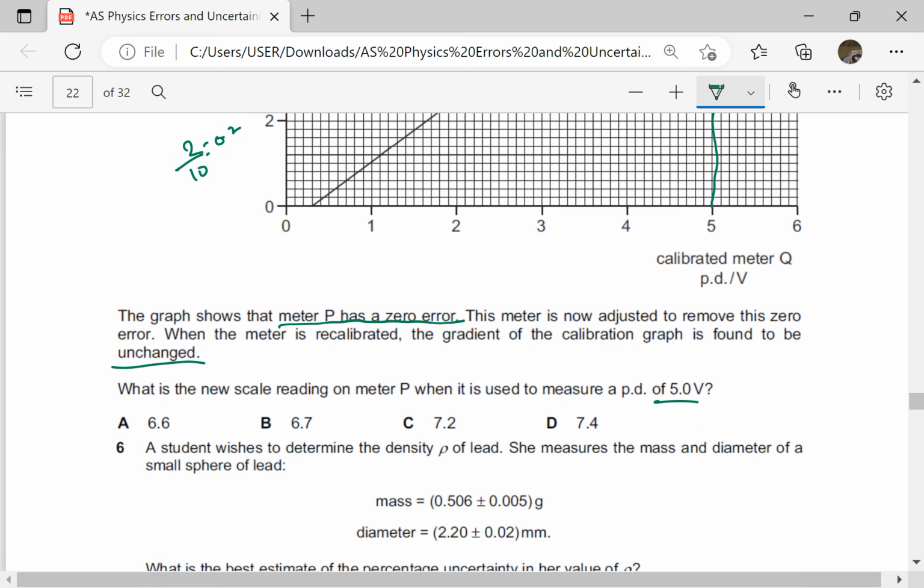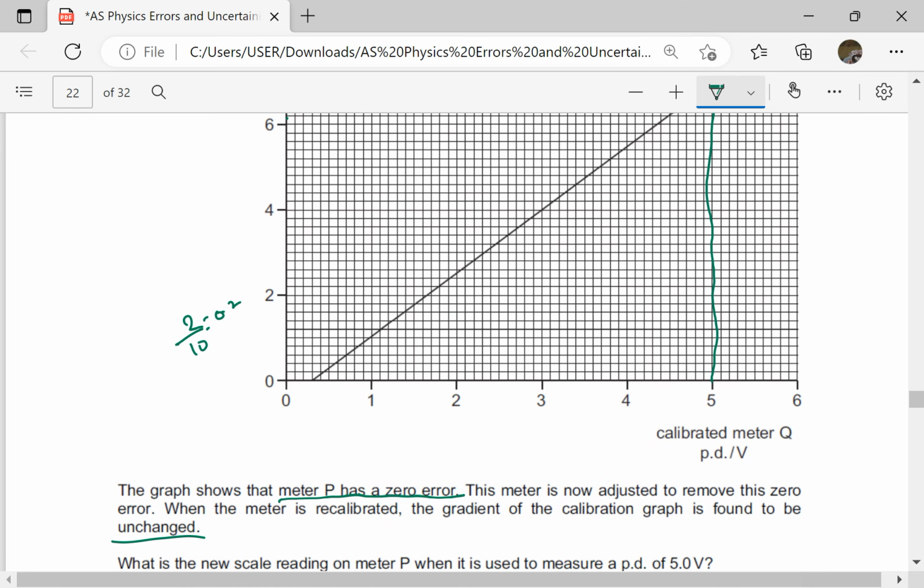Okay, so what is the new scale reading on meter P when it is used to measure a PD of 5 volts? So we have seen that, note that this one here is actually starting from 0. This is 0.1, 0.2, 0.3.